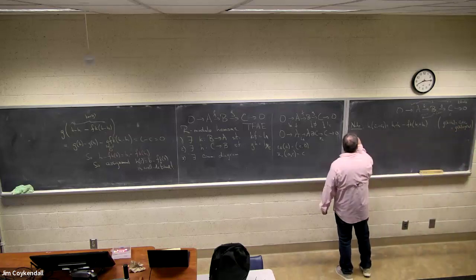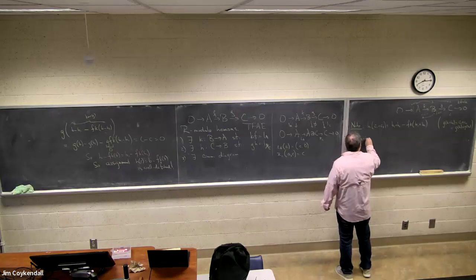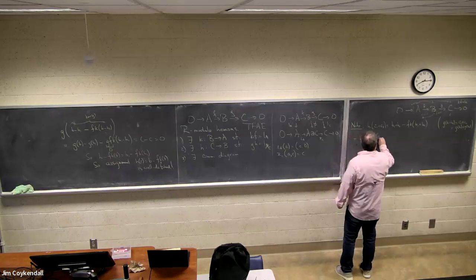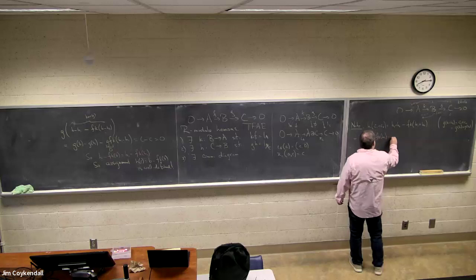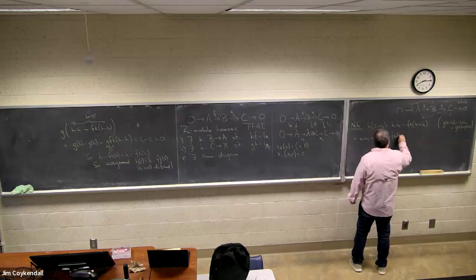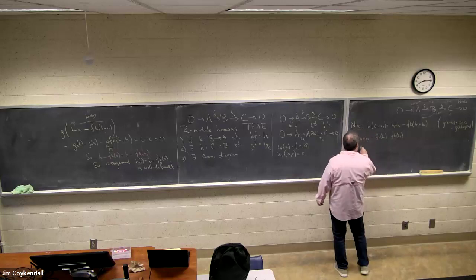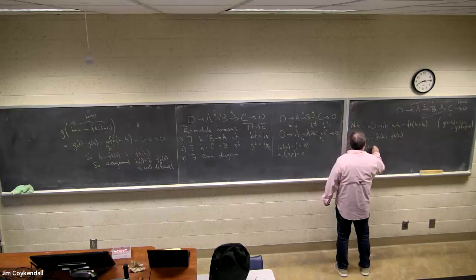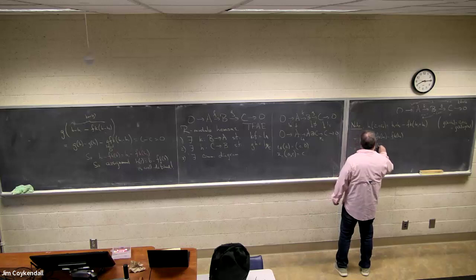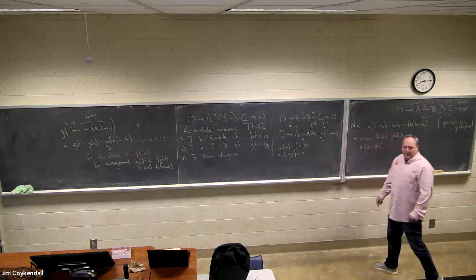So this is equal to B1 plus B2 minus FK B1 minus FK B2, which is equal to G of B1 plus G of B2. So this is an orthogonal homomorphism.